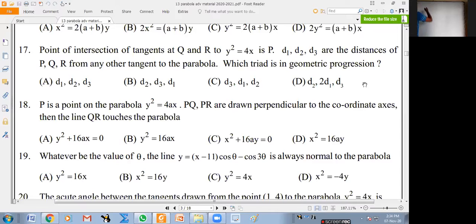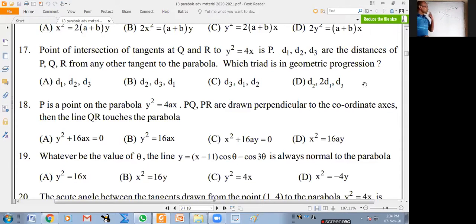Okay, so 17 is just distance formulas we have to apply. This is a parabola, take a point and draw 2 tangents. This is P, this is Q, and this is R. Some other tangent you take. From this we find the perpendicular distance, from this we find the perpendicular distance, from this we find the perpendicular distance.